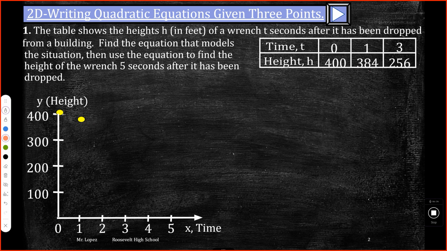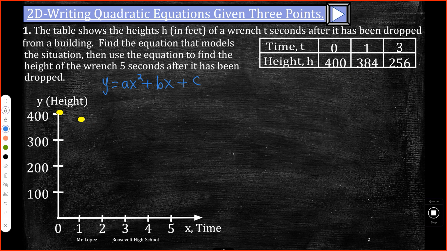What is standard form of a quadratic? Everybody was asking me on the quiz, what is standard form? Standard form is y equals ax squared plus bx plus c.